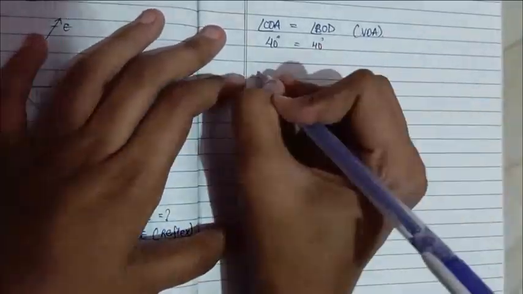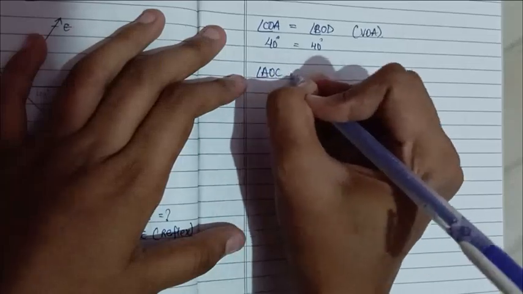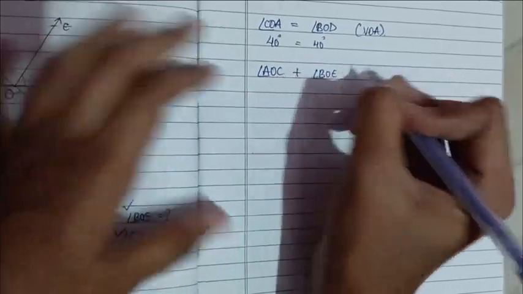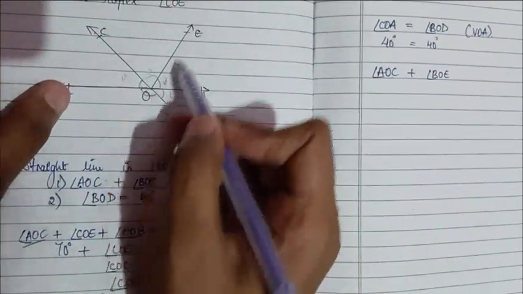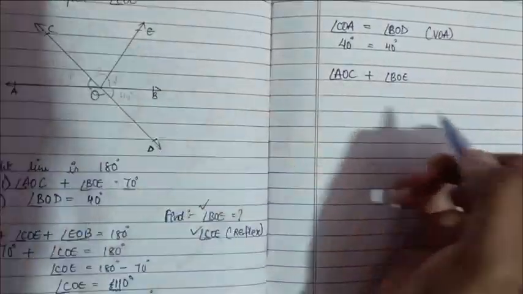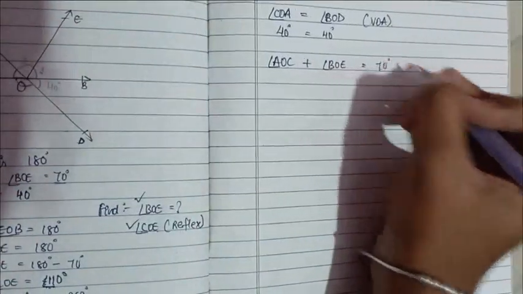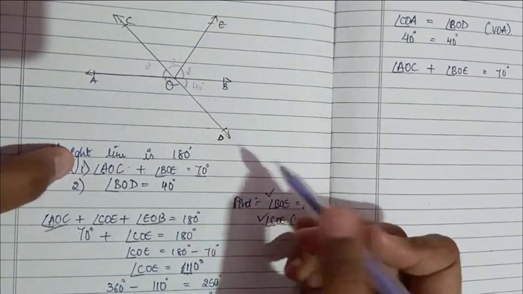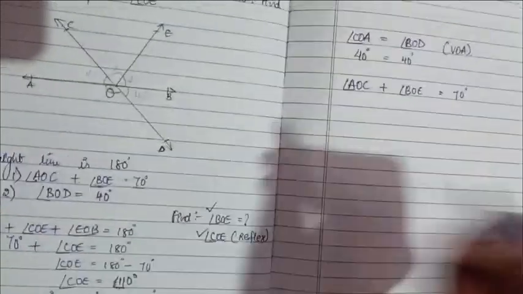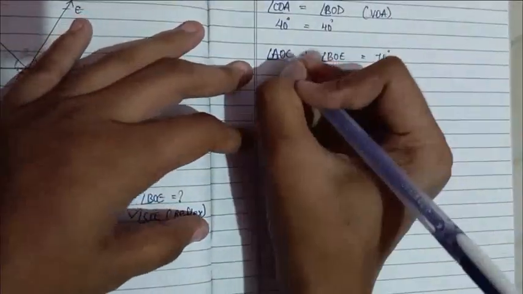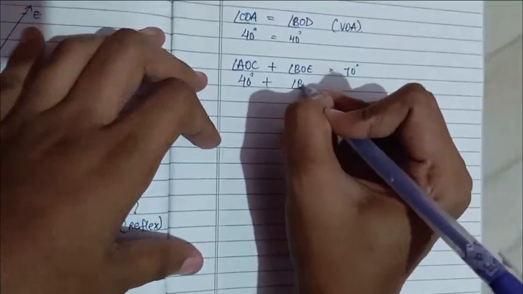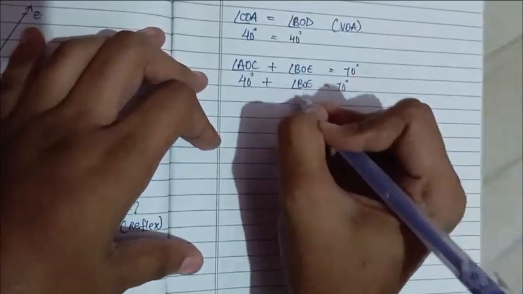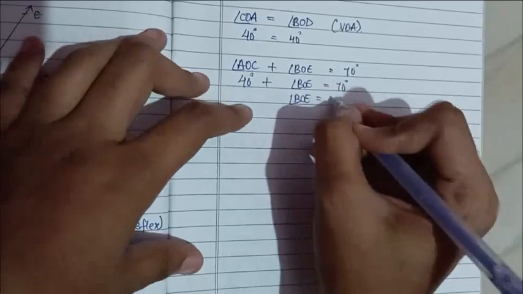Now, angle AOC plus angle BOE is 70 degrees, as given in the question. We have to find BOE. AOC is 40 degrees, so 40 degrees plus BOE is equal to 70 degrees.